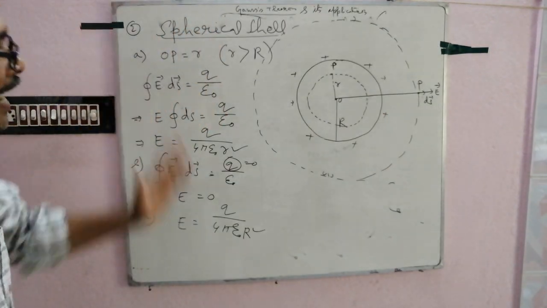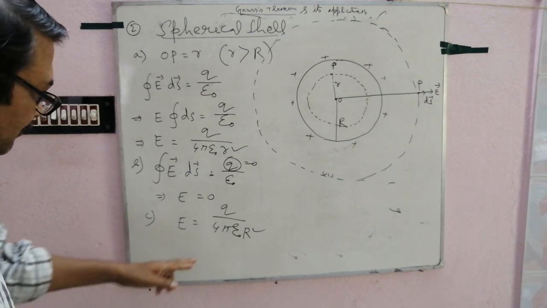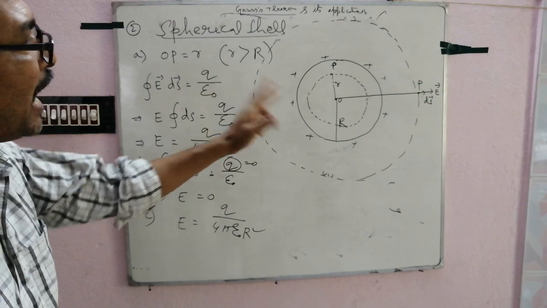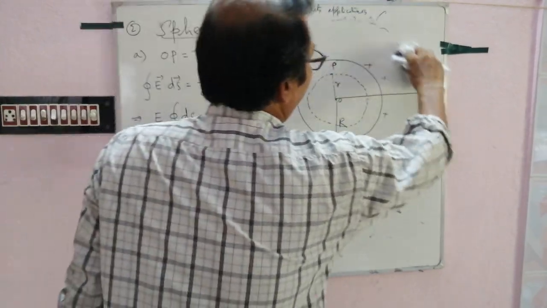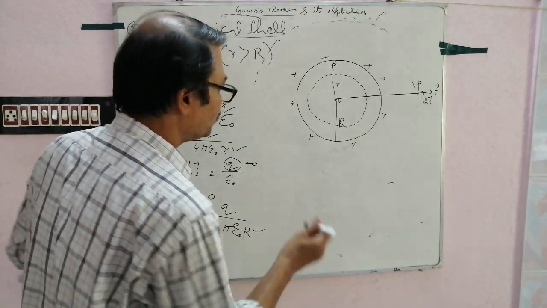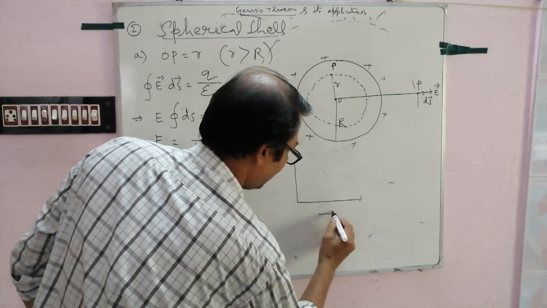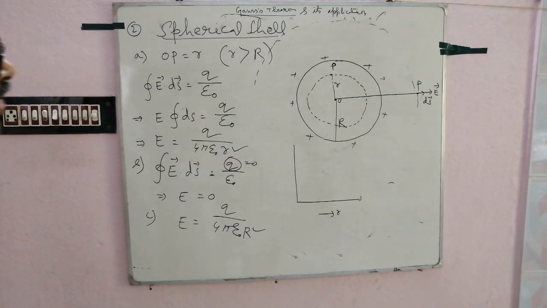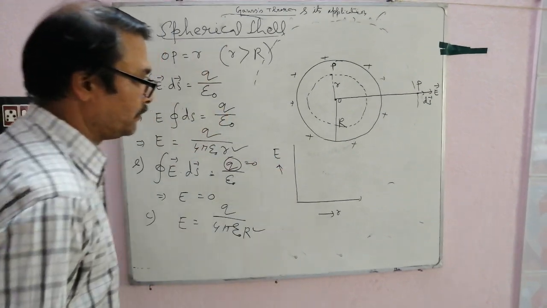If we draw a graph, E versus small r, what will be the nature of the graph? Follow. This is the distance from the center and this is the electric field.